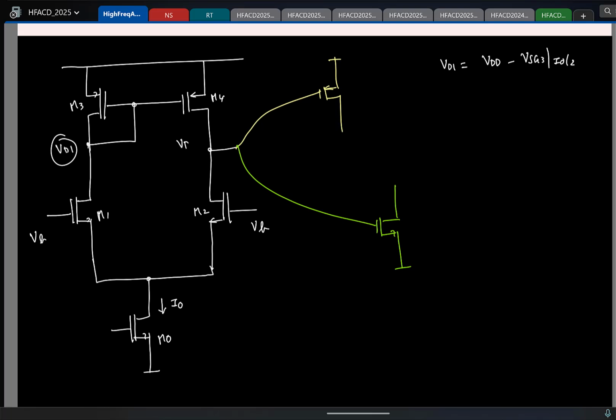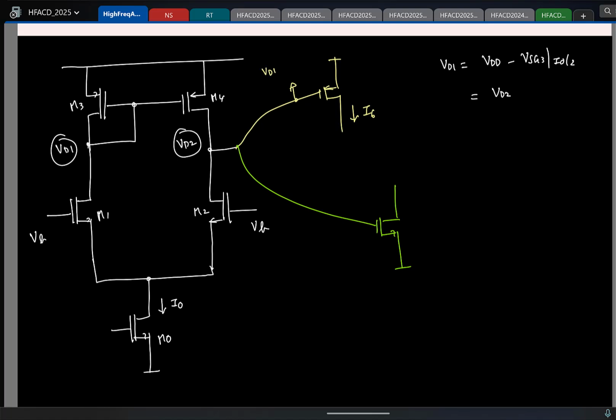And what can you say about VD1 and VD2? Equal, because I have given common mode excitation. So this is also equal to VD2, right? Now let's say the second stage is used with a PMOS stage, biased with some current I6. What will be the required voltage here?